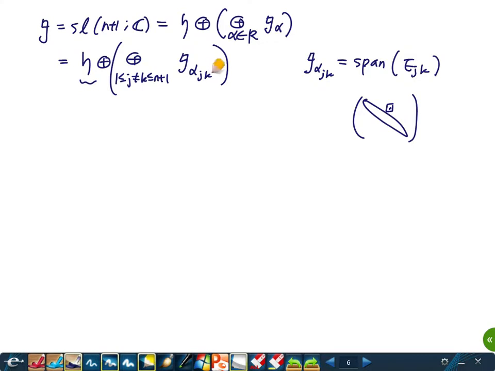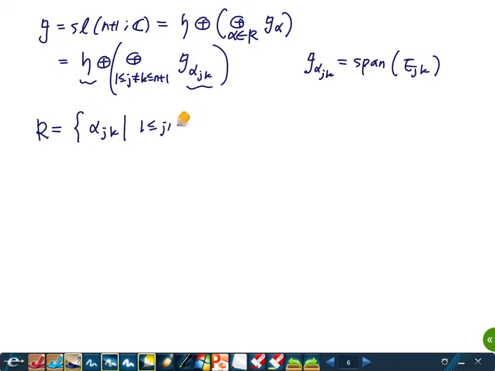So that means we found all roots. These are all the roots. There are no more than that. Does this make sense? We found all the roots because we have this decomposition. So the root set R is indeed the alpha_jk, where j is different from k, or in other words, because we know that alpha_jk is ej minus ek, these are all possible roots.